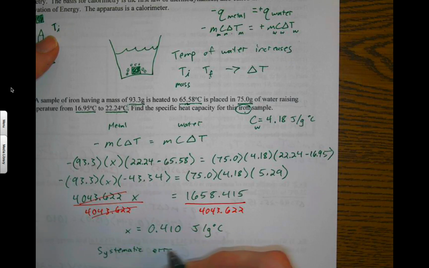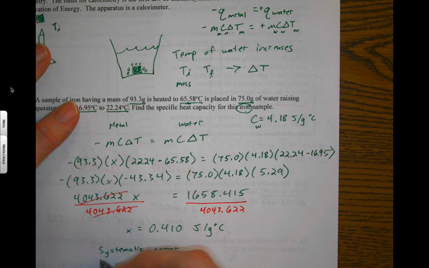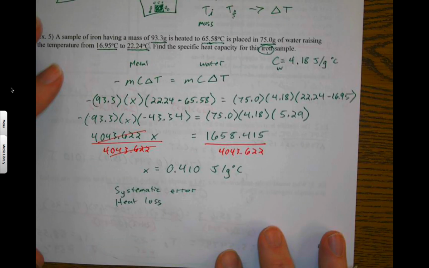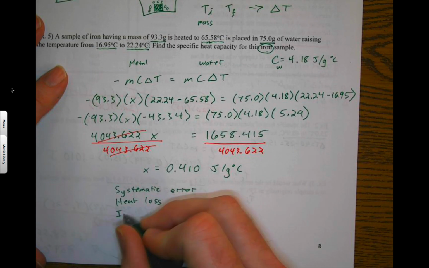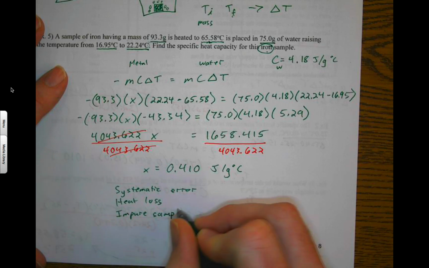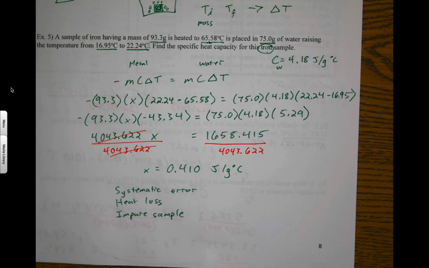That would be an error inside of the experiment, maybe misreading or heat loss to the surroundings, because the calorimeter will absorb heat. Or you could have an impure sample. So that's why yours may be a little bit different than the other value, but hopefully that makes sense and that works.